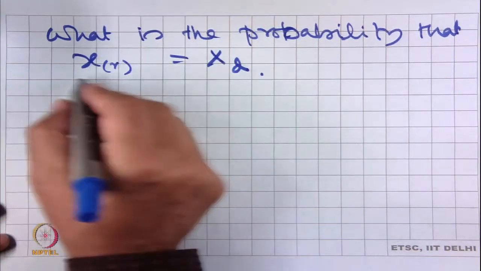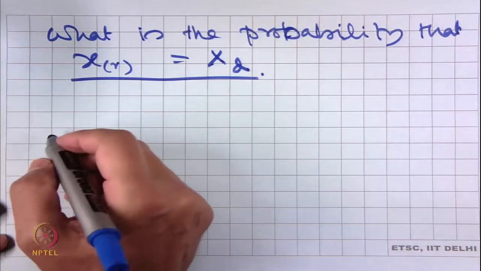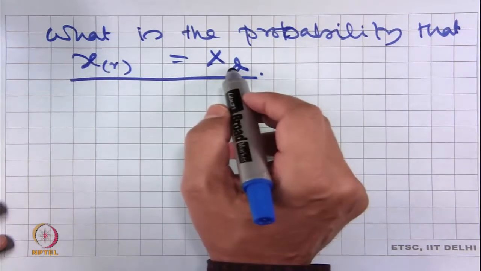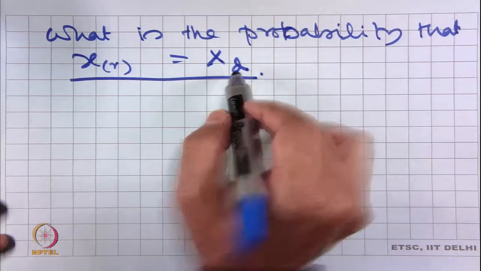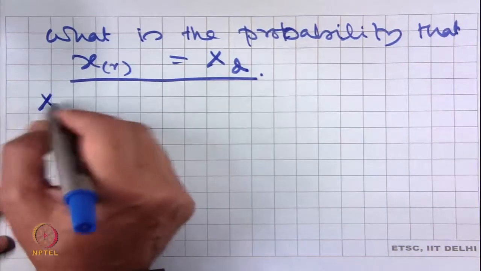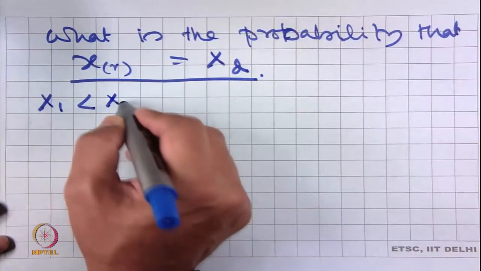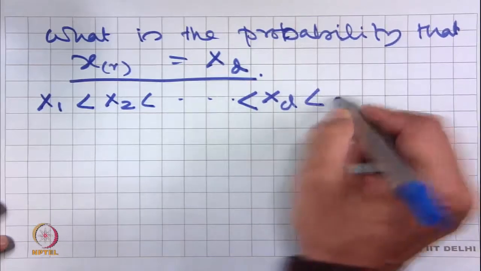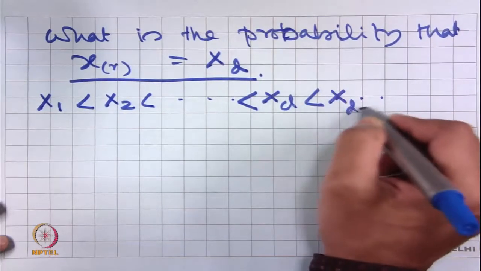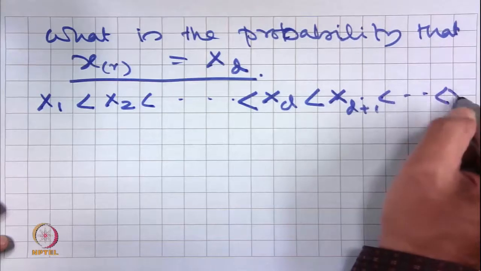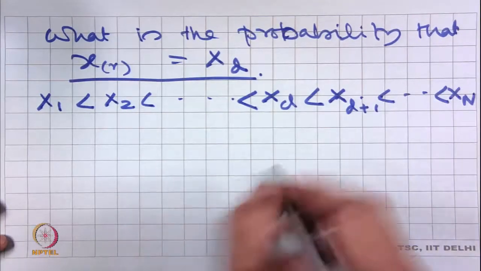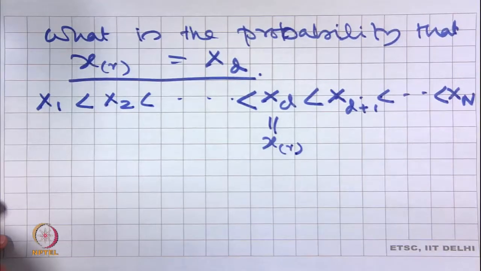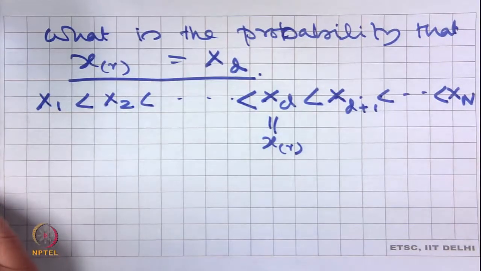So, what we are looking at is that in the sample the rth order statistic is actually the dth element in the sequence. Since this part is sorted, and I am looking at that the rth order statistic is same as this, what is going to be the probability?